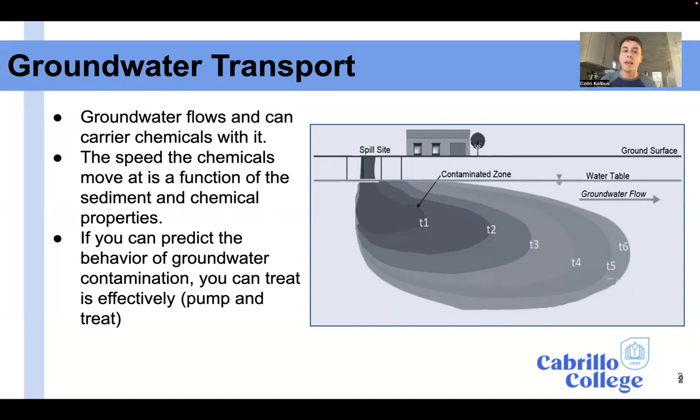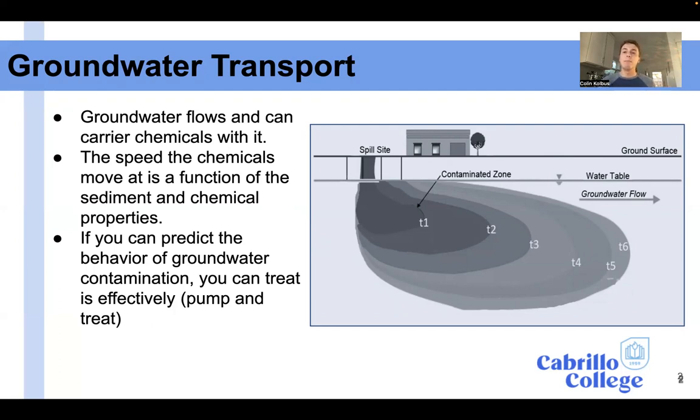And if you can know the way that this chemical interacts with our sediment, lots of chemicals have different functional groups that are going to interact with sediment differently than other chemicals. Some of them are going to be more insoluble in water and not be transported with the plume. Some of them are going to bond really readily with sediment, and some of them less so.